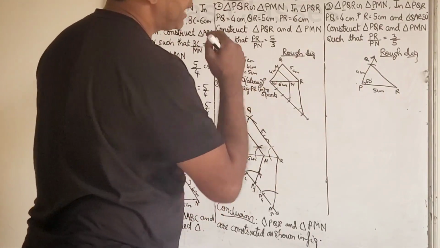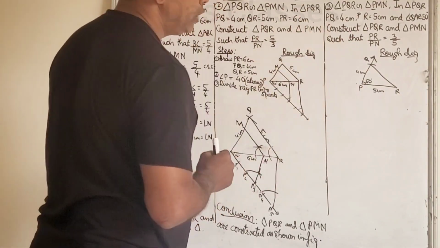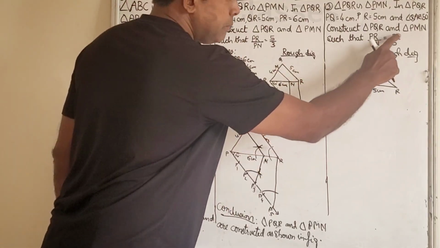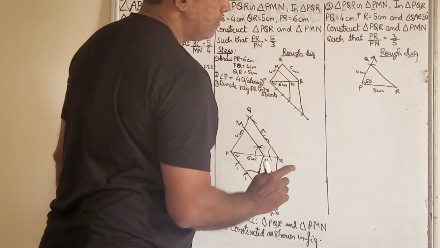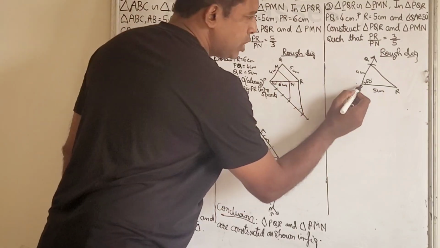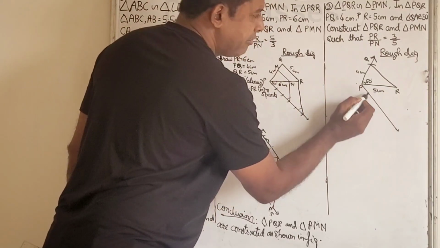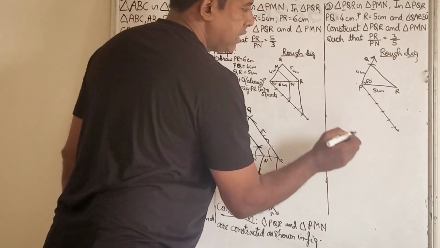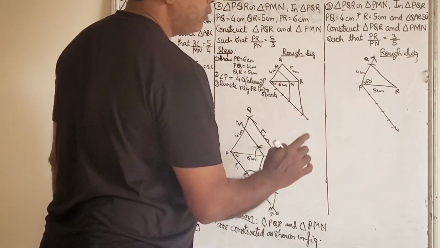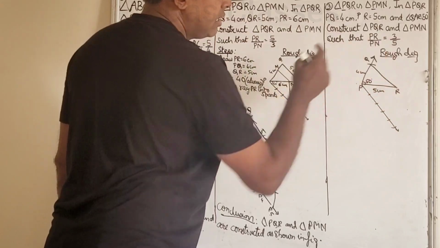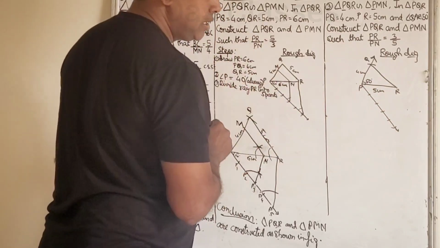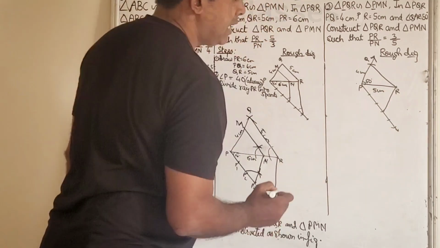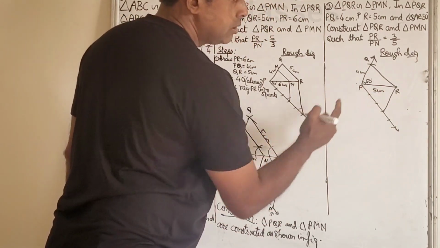Now we want to draw the triangle PMN similar to this PQR. But this time see it carefully. Which is the bigger value out of 3 and 5? 5 is the bigger value. So first, without even checking, just draw 5 equal parts: 1, 2, 3, 4, 5 parts. And this time you see the value which you have taken. PR is 3, not 5 as this was. So this time we are going to join PR with the three parts.